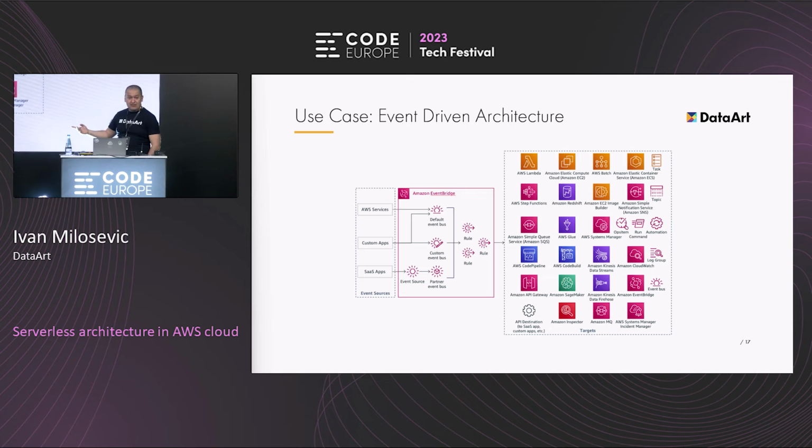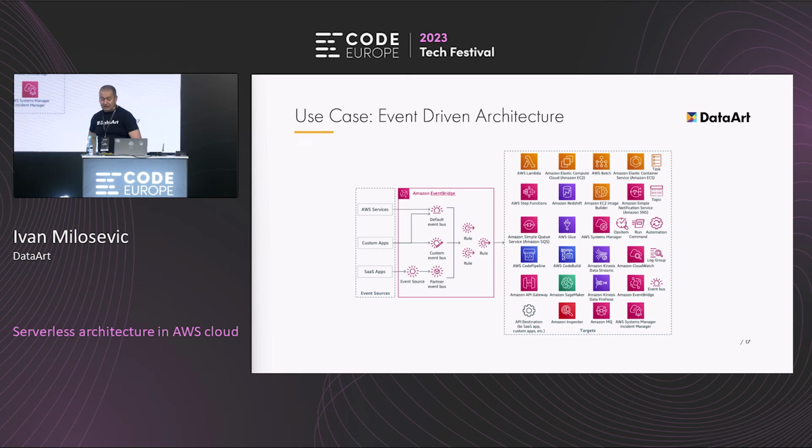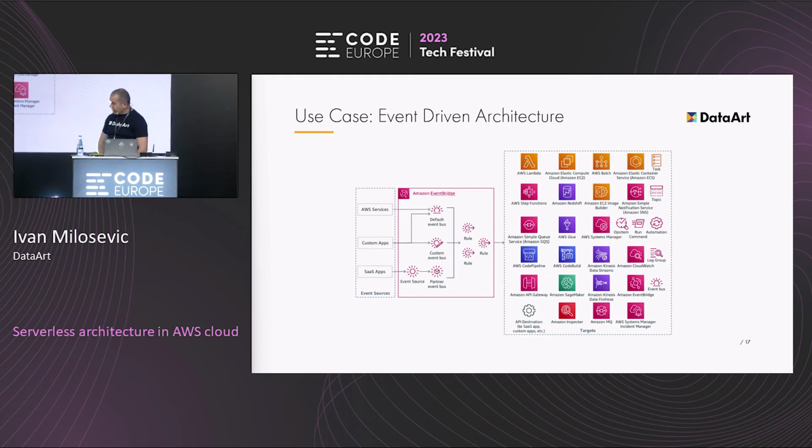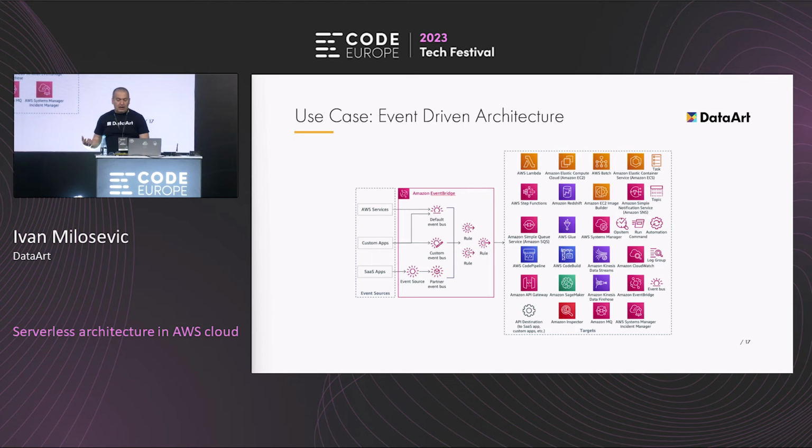What are the use cases? Let's focus on the left side again. Primarily microservice communication. One service can be an event source, and on the right side you can have another service.